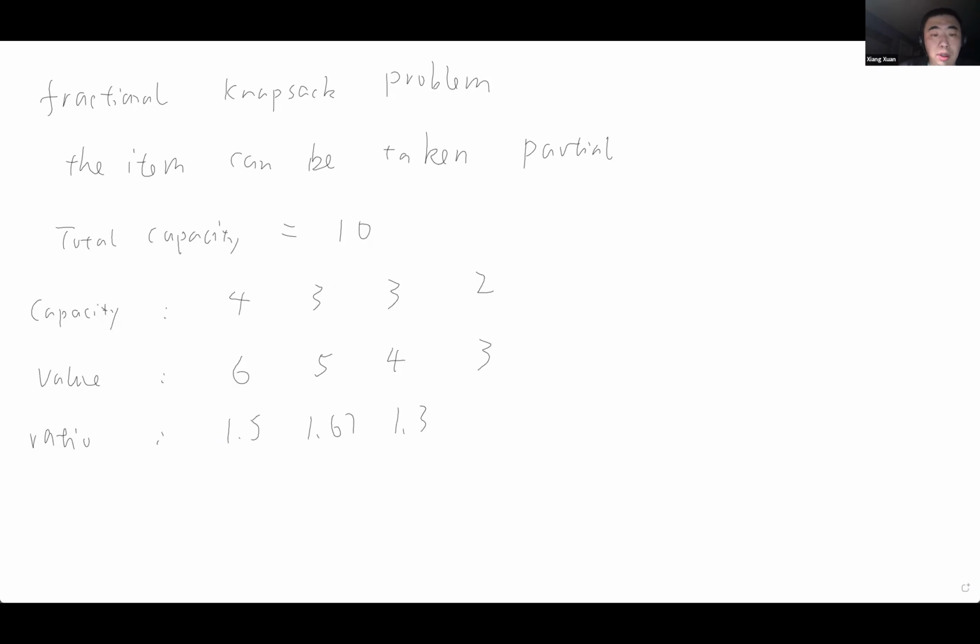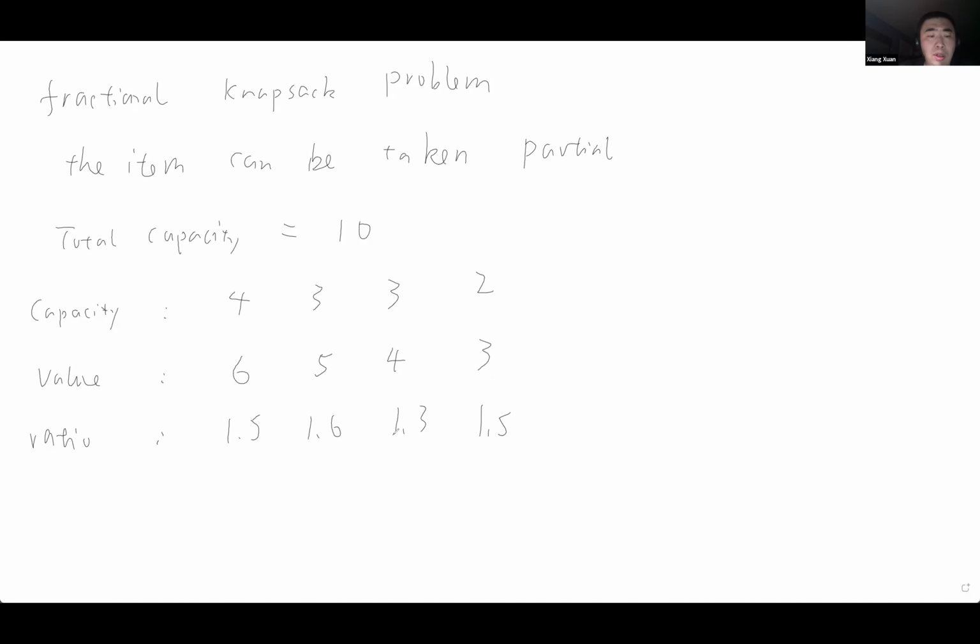This one will give you something like 1.5. By this value, clearly you will know I should take the second one first, then maybe take the first one and the fourth one.